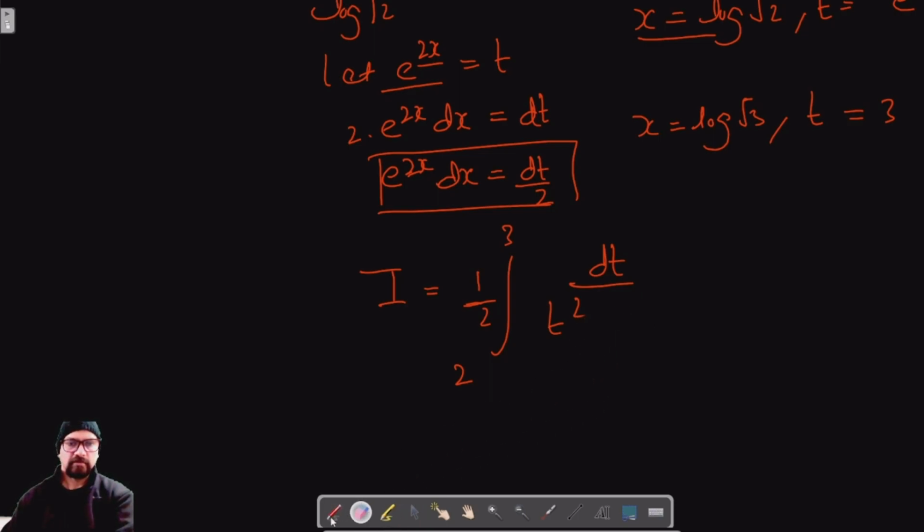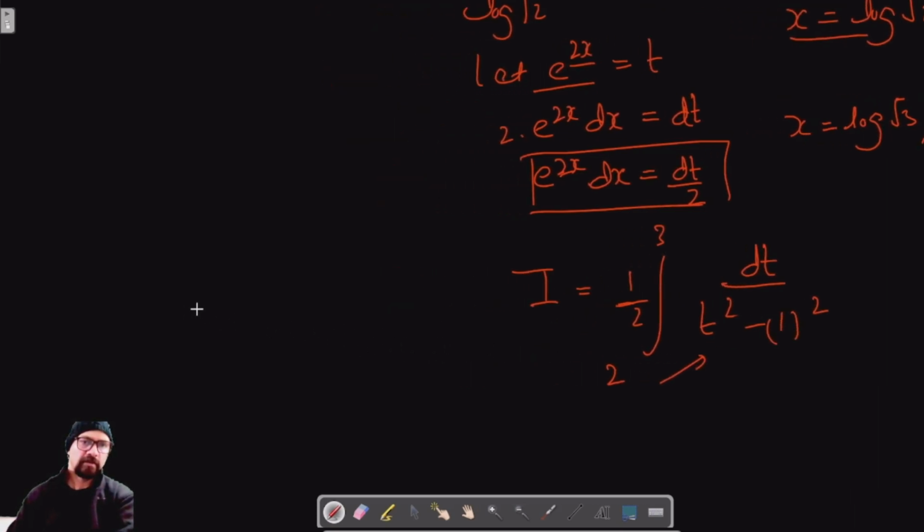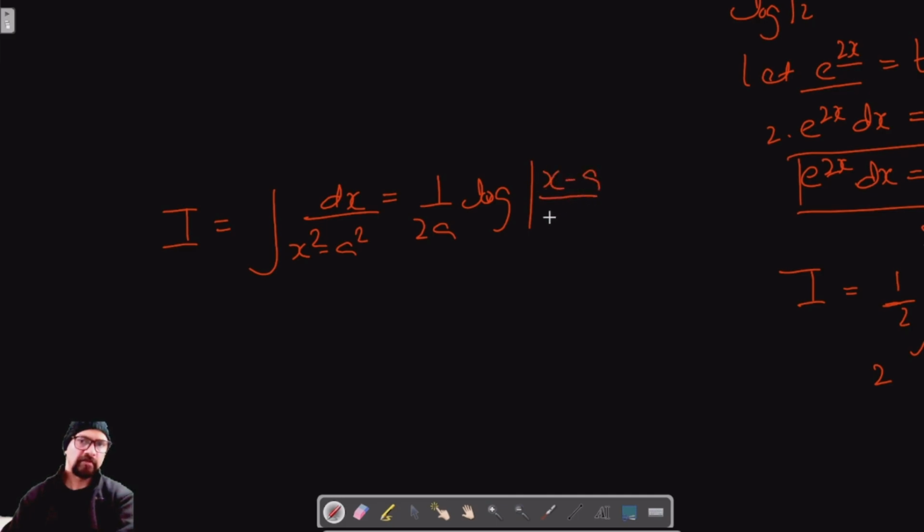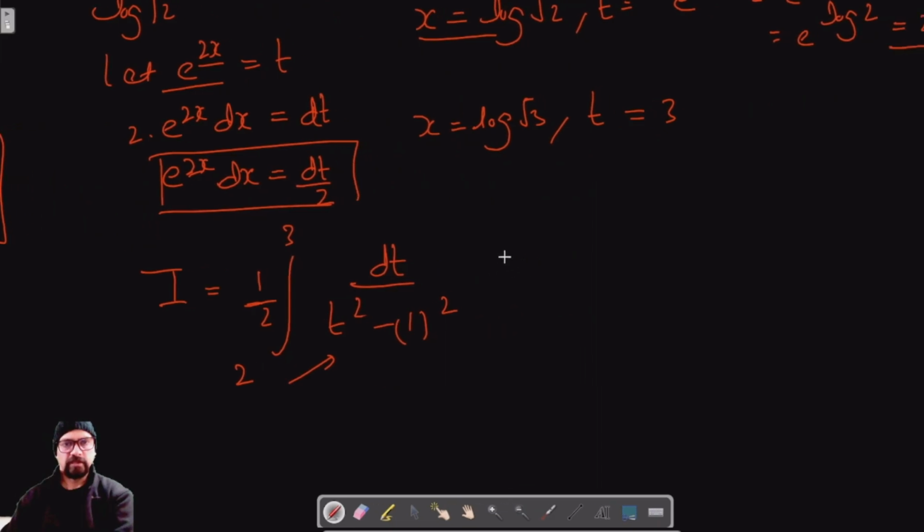For this we are going to use the integration of dx upon x square minus a square, which is 1 by 2a into log of x minus a upon x plus a. So if we use it here, this is now half into 1 by 2a, this is 1 by 2 into a is 1.